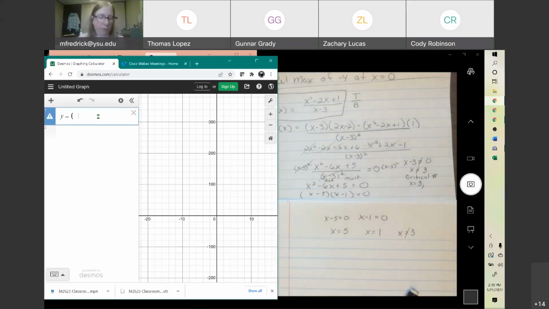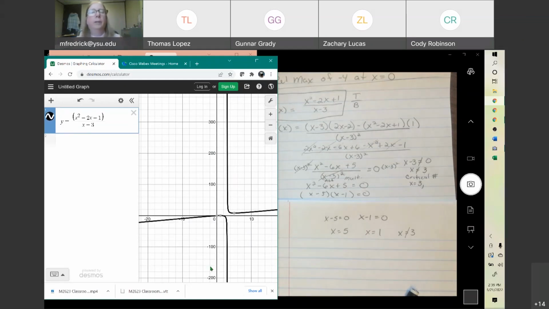So x squared minus 2x plus 1, divided by x minus 3. Here's our graph. Any questions on that part?